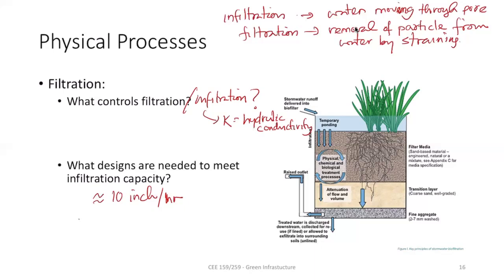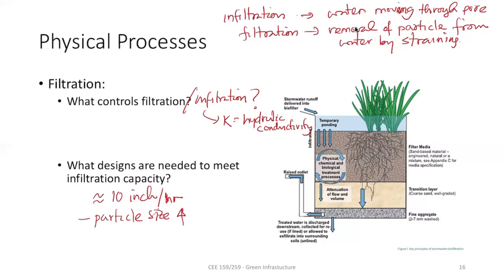So what you can control is particle size. If you increase particle size, you typically have more space between them when you pack them. That way you can infiltrate more water.